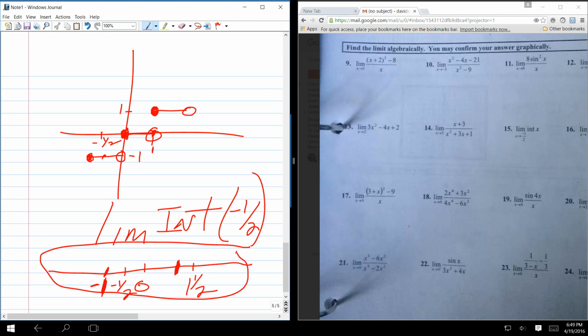Because it is different whether you're to the right of the y-axis or the left. The greatest integer of 1/2 would be 0. So it's not at all obvious that the greatest integer of negative 1/2 would not be 0, but it is. It's negative 1.